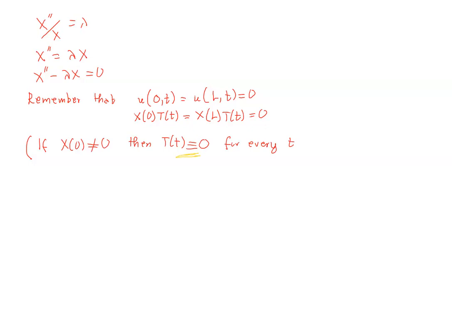But if T of t is equal to 0 for everything, then that really defeats our initial requirement that we find a non-zero function. Hence x of 0 has to be equal to x of L, and this has to be equal to 0.